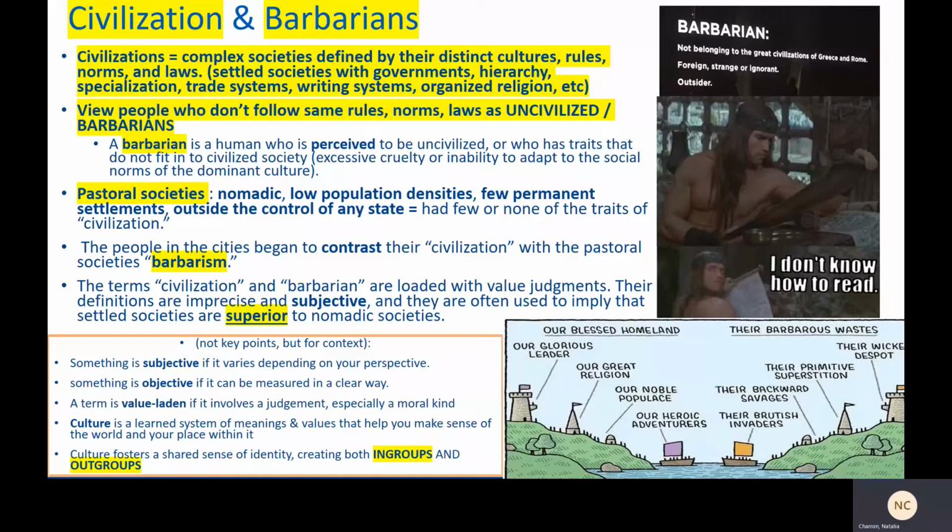Very controversial term in history. A barbarian is someone who is perceived to be uncivilized or who has traits that don't fit into civilized society, like excessive cruelty or inability to adapt to the way that the culture behaves normally. But the key here is perception. It's not fact.